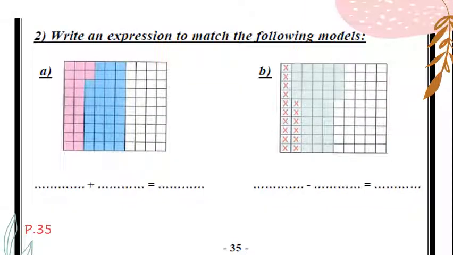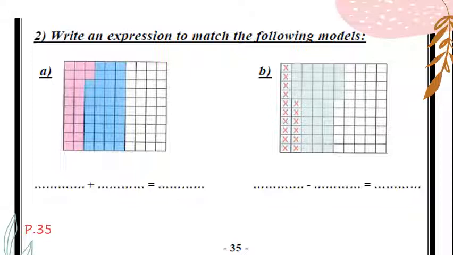Open your booklet, page 35, and let me solve with you exercise 2. Write an expression to match the following models. In exercise A, we have in the modeling 2 different colors, and I want to make an addition between these 2 colors. First, I'm going to count the pink colors, then count the blue colors.